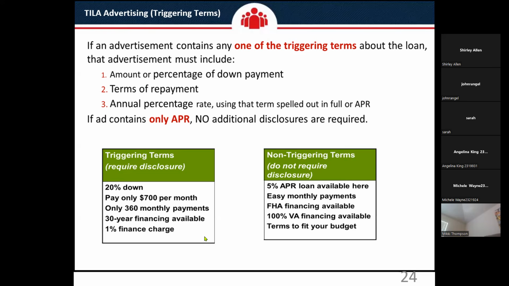If you type in the chat what this ad is missing, then I'll know that you understand the triggering term. The next slide, you see a non-triggering term. It says 5% APR loans available here. It says easy monthly payments, financing available, 100% VA financing, and terms to fit your budget.